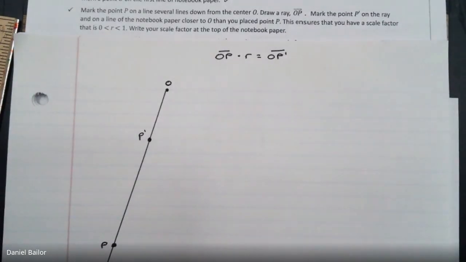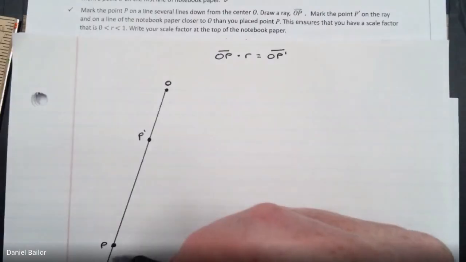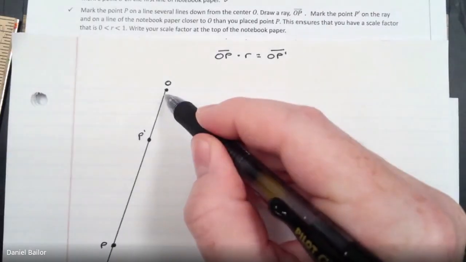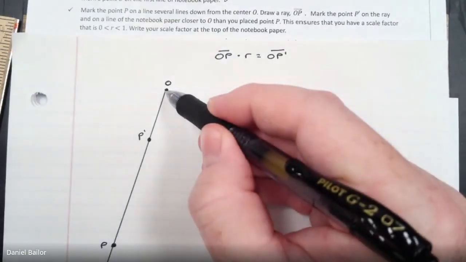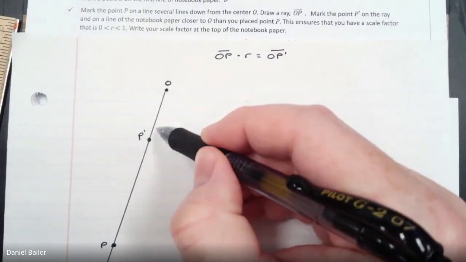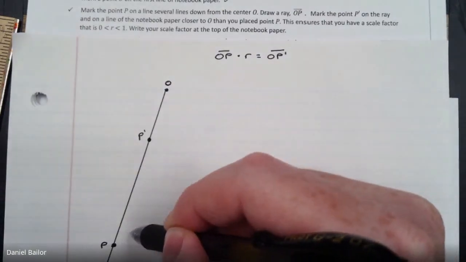Now what I'm going to do, I'm actually going to just count the lines I move down. Because if you look at this, how many blue lines did I move down for OP? I'm not even going to get my ruler. I'm just going to count how many spaces. So I go down 1, 2, 3, 4, 5, 6, 7, 8, 9, 10, 11, 12.